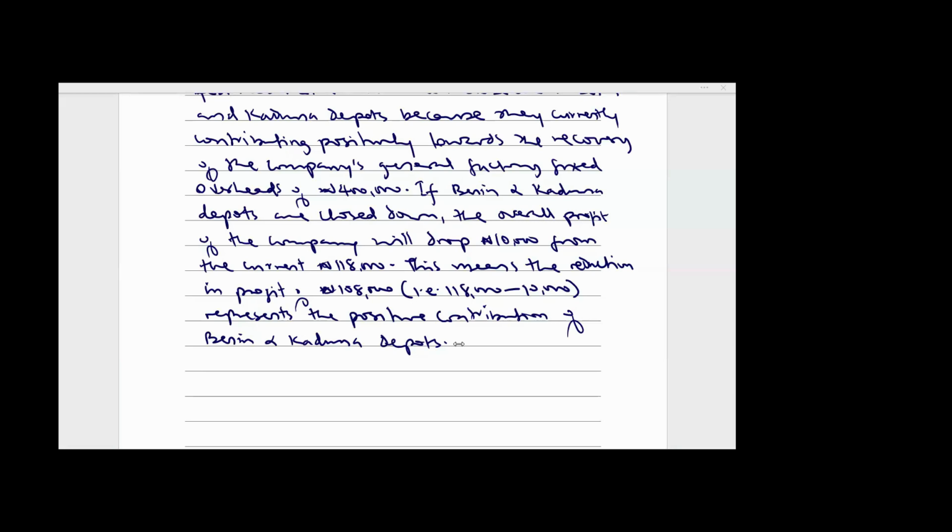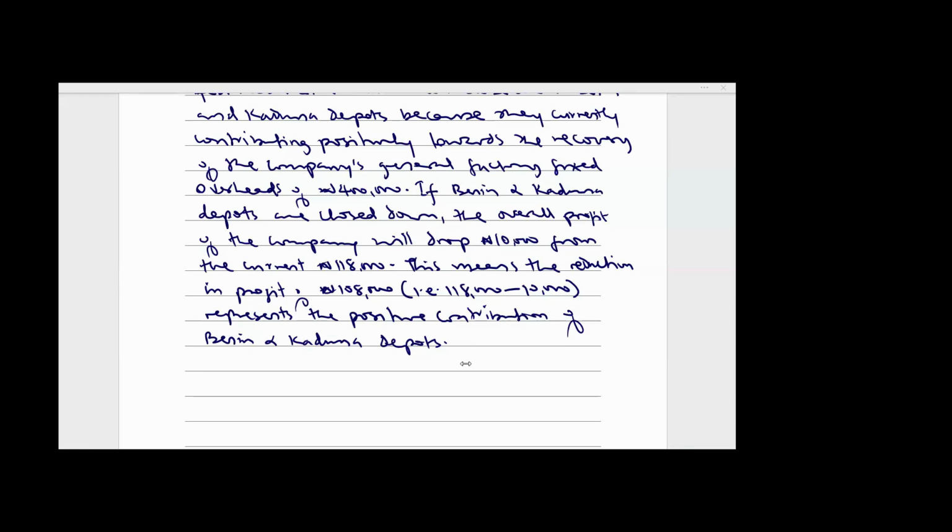Talk about workers' morale as it affects productivity. Link it with the question. In this particular question, there is the issue of negativity. This company should consider how the company will manage the negativity that may arise after closing down Benin and Kaduna Depot.